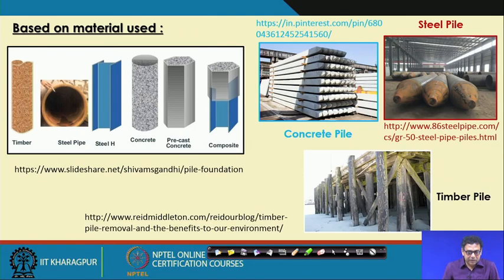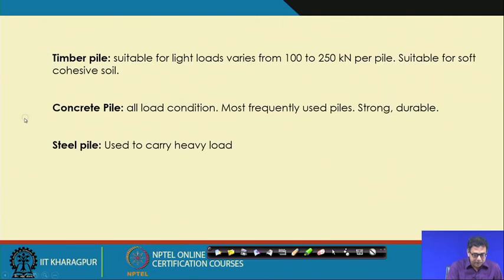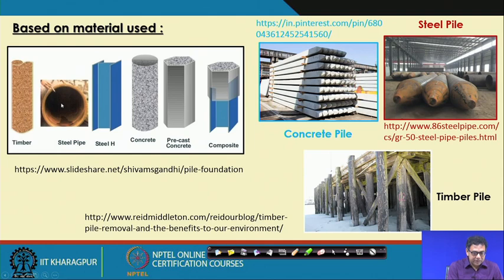Now, first one, based on the material used. So, based on the material used, a pile can be a timber pile, or it can be a steel pile. So, this is the steel pipe, or hollow pile. This can be the H section or steel H pile. This is the concrete pile. This is the precast pile, or this is precast concrete.